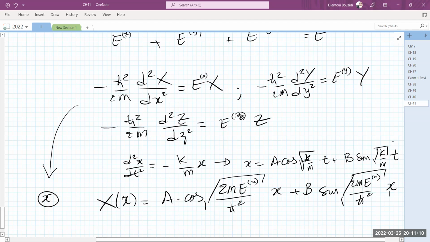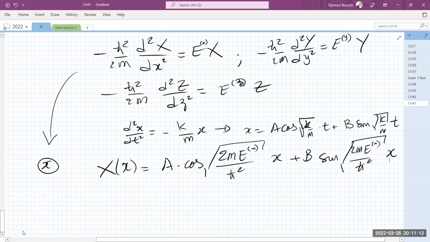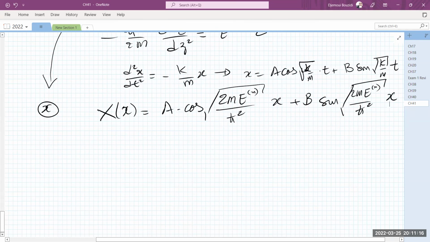And the boundary condition is if x exceeds L or x is less than 0, the function psi itself equals 0. That means the contribution from the x direction is 0. So what that means is X of 0 is 0, and X of L is 0. To satisfy the boundary conditions, when the particle hits the boundaries, the function must vanish.